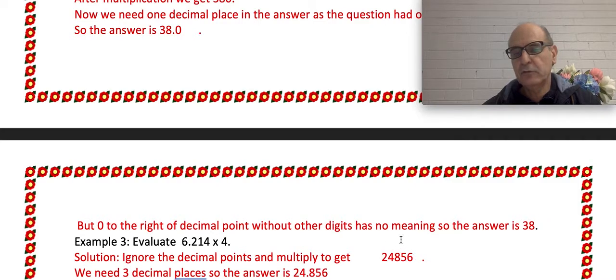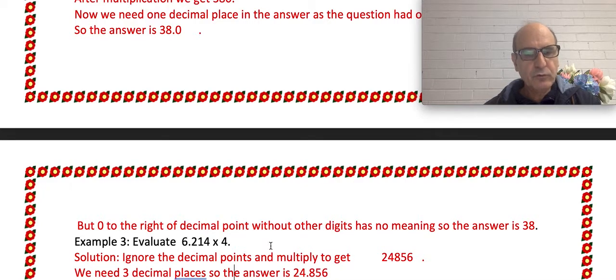But we have to look at the question to see how many decimal places we have, which is 1, 2, 3. I have 3 digits to the right of the decimal point. The answer also needs to have 3 digits to the right of the decimal point. So then I need to put a decimal point between 4 and 8 to get 24.856. That is my final answer.